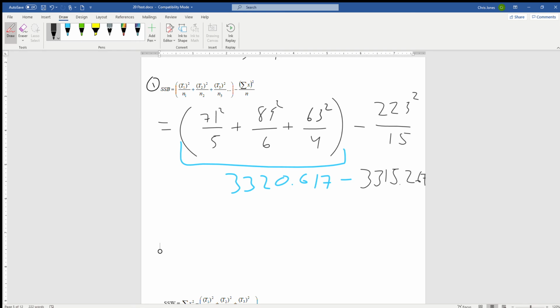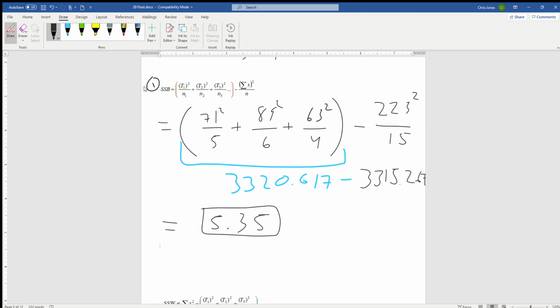Then we just subtract those, and I wound up with SSB equal to negative 5.35, or positive, excuse me, 5.35. We're going to hold on to that number because we're going to need it at the end of the problem.